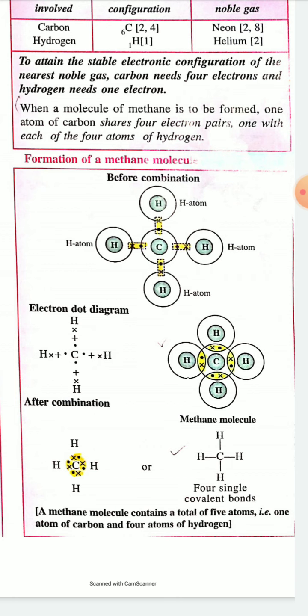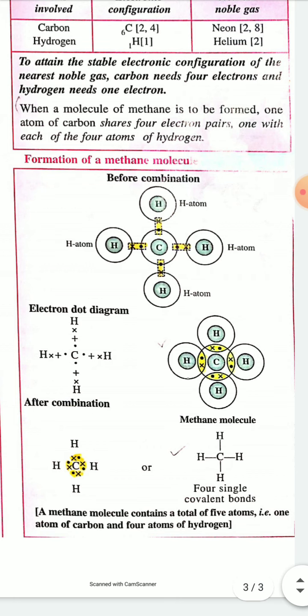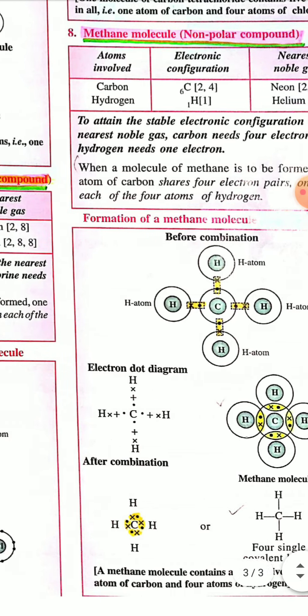And in the methane molecule, you can see here there are a total of 4 single covalent bonds formed between 1 carbon and 4 hydrogen atoms, and the electron dot structure is also given. Okay, so all these structures are very important, especially the orbital structure after combination and the electron dot structure. Okay, you have to practice.